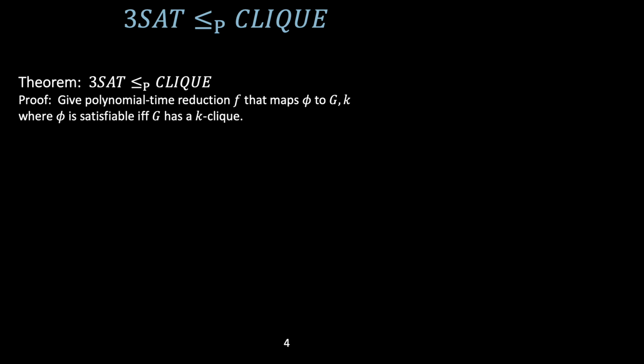Remember that iff, if and only if, is a biconditional, because we want f to map yes to yes and no to no. So we have to make sure that it preserves that membership. Many of the proofs that we do in this class are by construction. To prove that 3SAT polytime reduces to clique, we have to give that construction, and that construction is literally the function that we're going to describe.